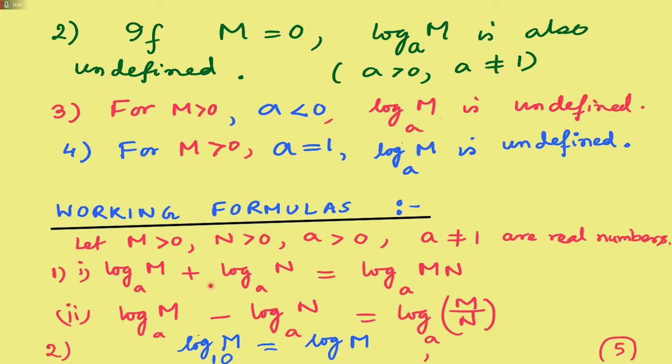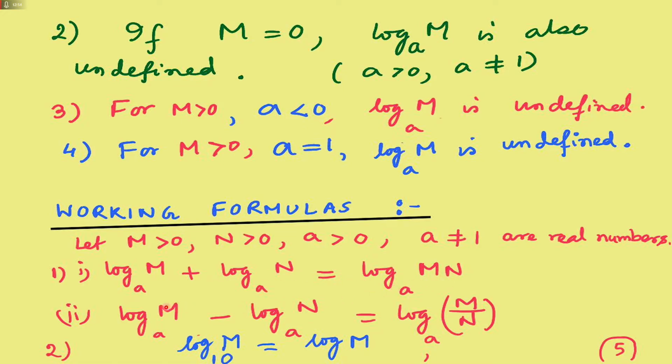That means addition of logs gives you the log of the product. It will never happen that you take log base a common and get the bracket m plus n. Here log m plus log n always gives you log mn.